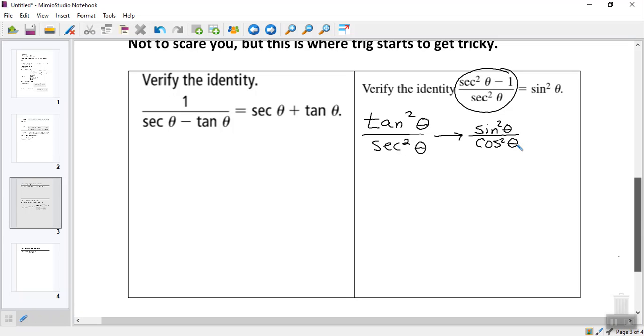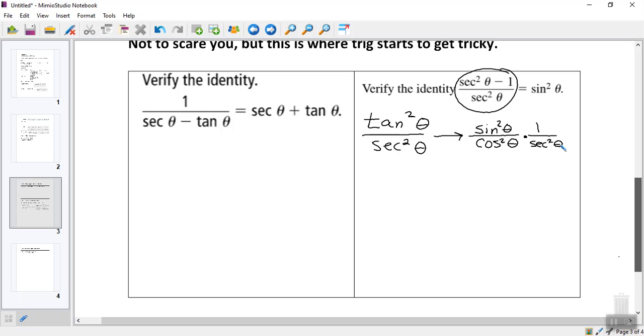Do you agree with that? Now, listen carefully on this one. When you divide by secant squared, isn't that really just like multiplying by 1 over secant squared? Because that would keep secant squared theta in the bottom, wouldn't it? Okay.